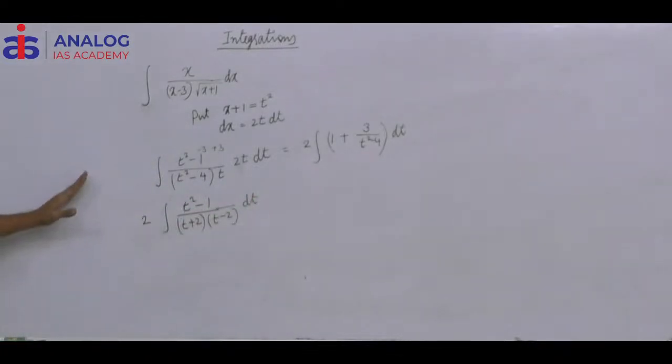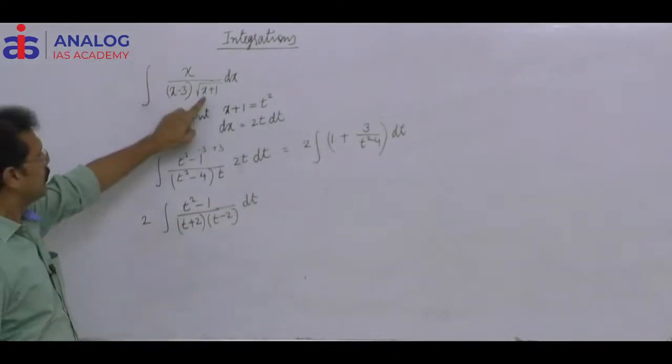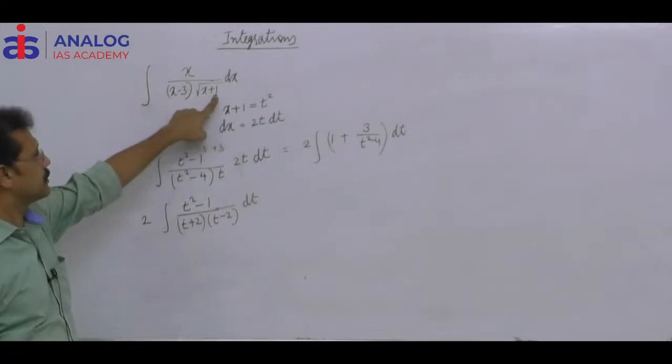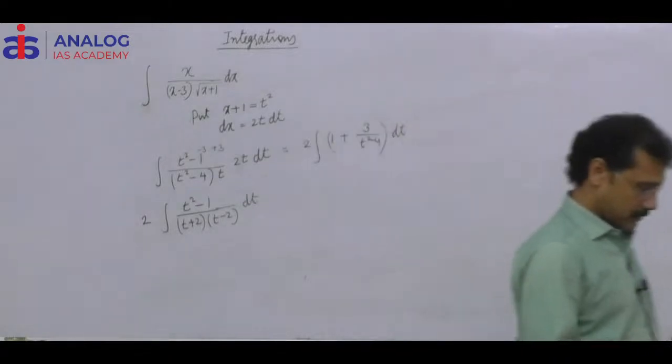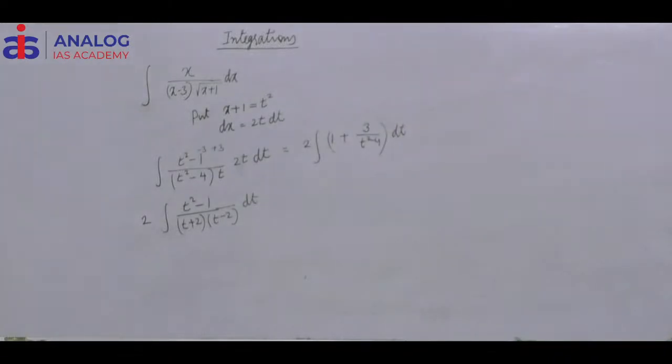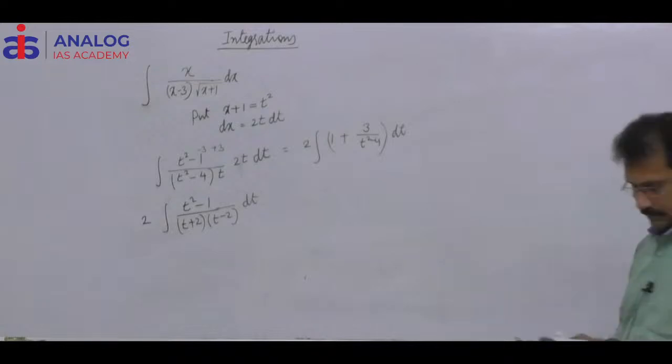Understood? This is one variety where you will put the square root term x plus 1 equal to t square. There would be another variety also. Just hold on.